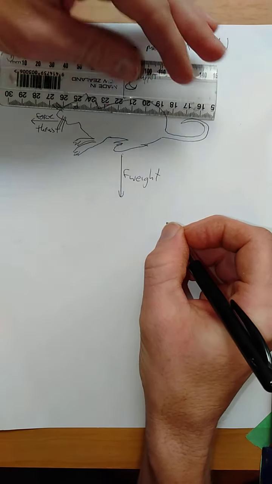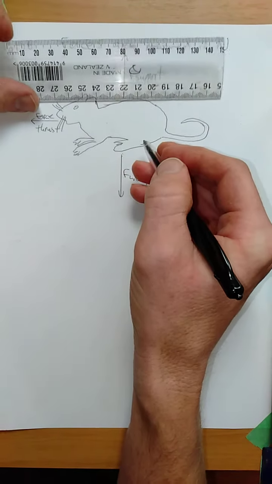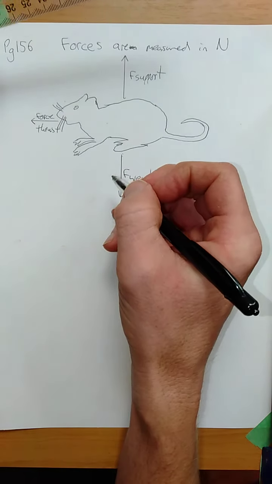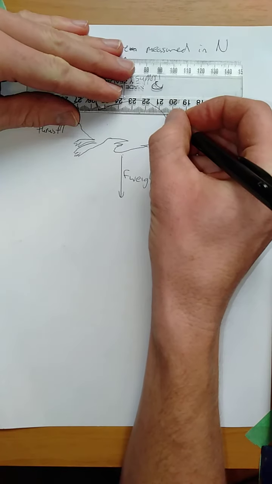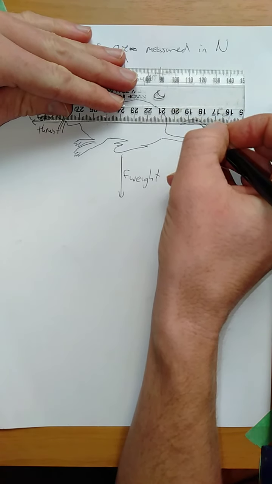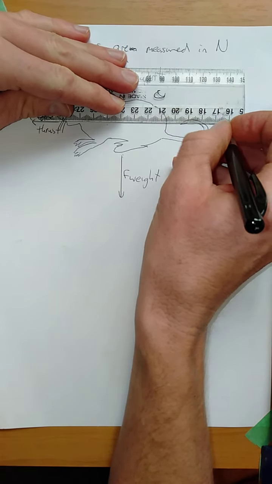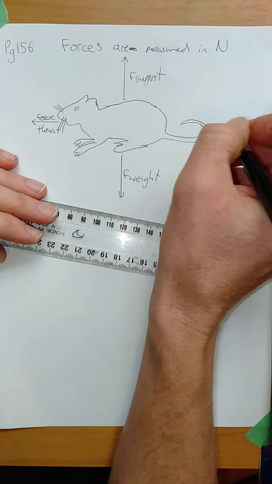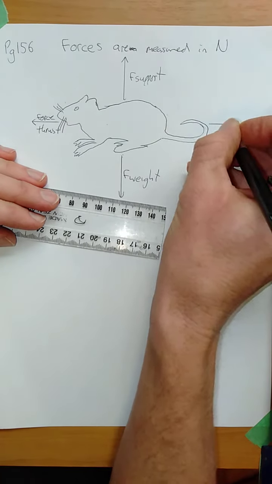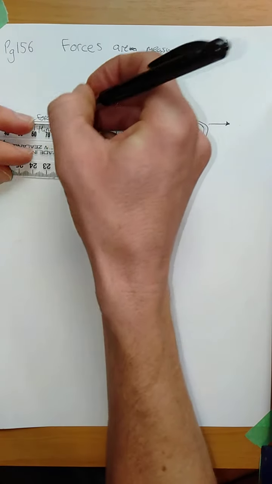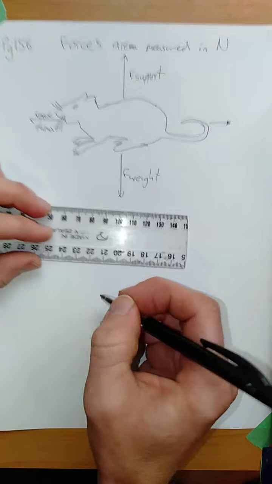And then there's going to be some friction because this rat's got a fluffy coat and he's got some whiskers sticking out. He's got a bit of drag, a bit of air resistance as he moves through the air. So pointing towards the back of the rat, which we'll just draw over here, and we're going to make this one a little bit shorter than this one, I'll make that one longer to make it more obvious.